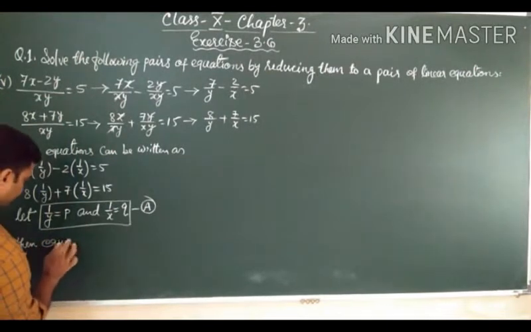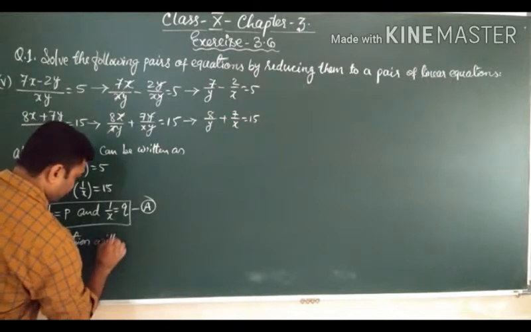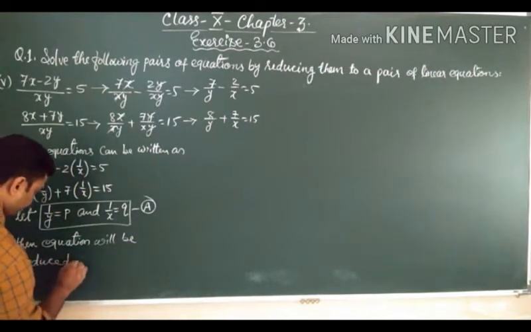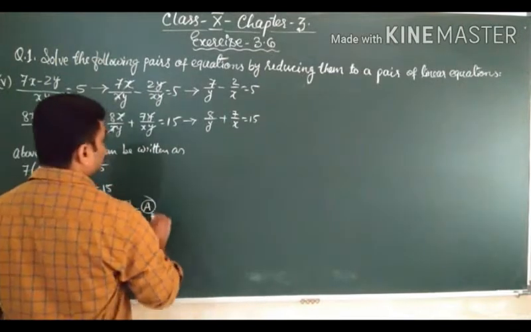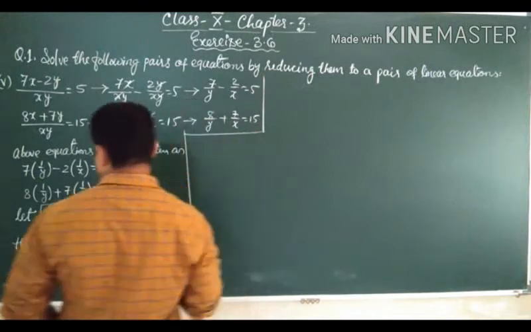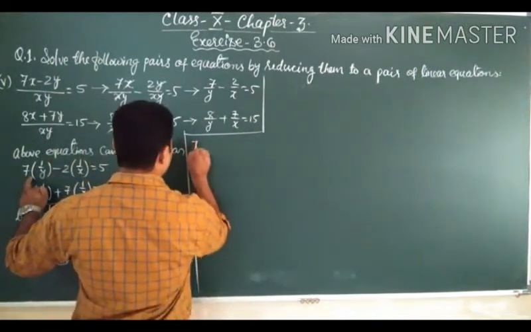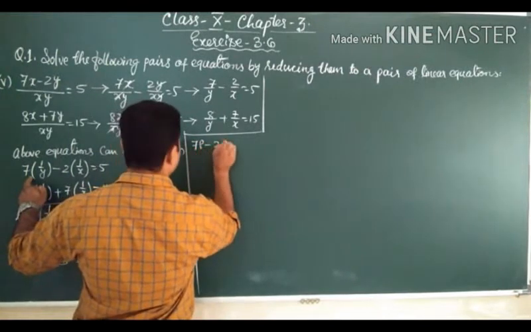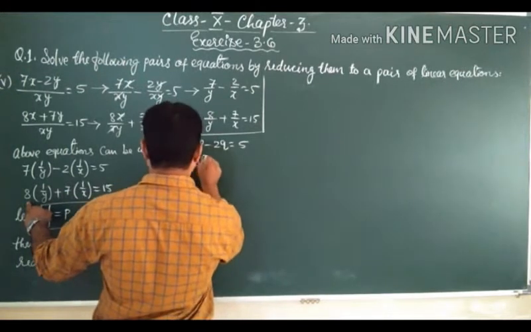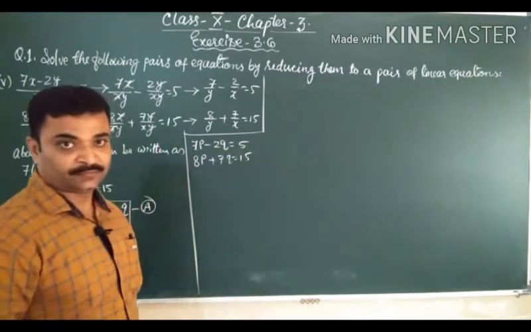Then the equations will be reduced to 7p - 2q = 5 and 8p + 7q = 15.